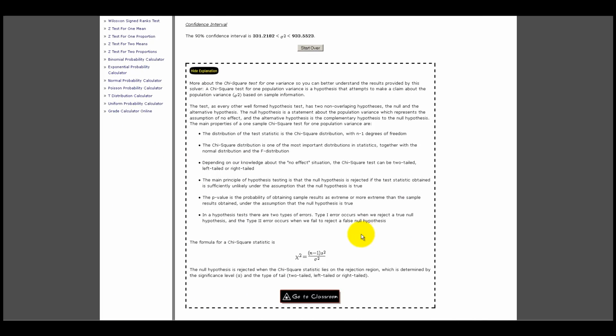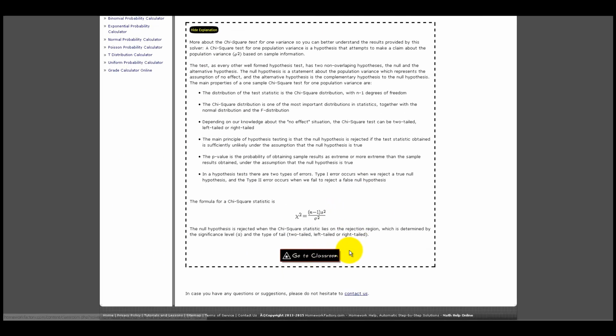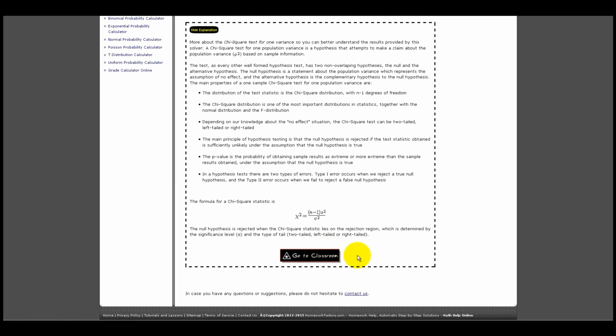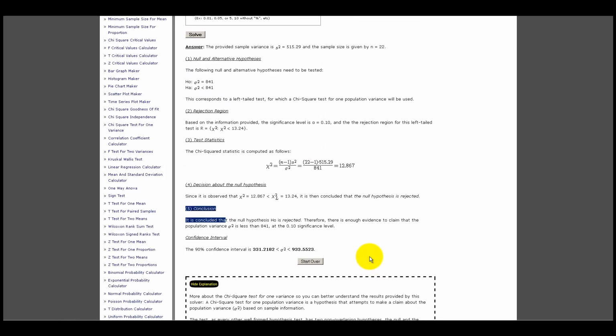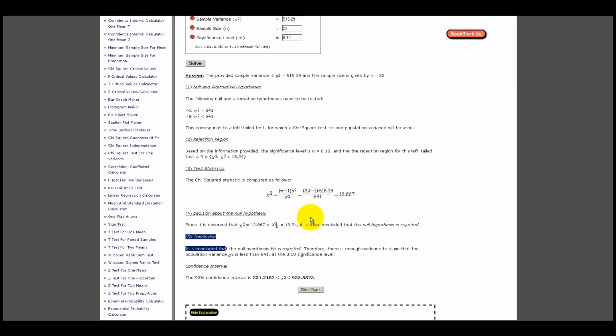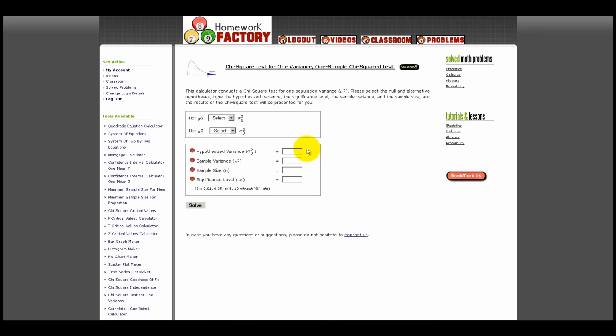You can see an explanation. You can go to the classroom and see more information about this test. You can see hundreds of solved problems that can help you practice, and you can change things around. You can start over the process. You can put anything you want here as your hypothesized variance, your sample variance, your sample size, and your significance level.